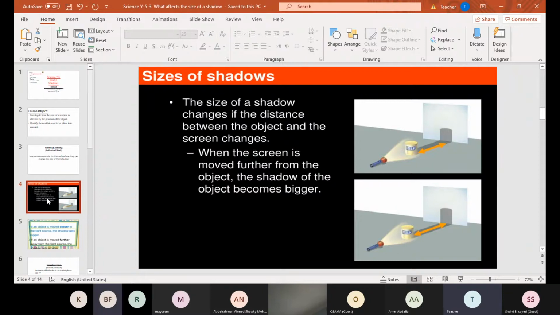So these are the two factors you can change, and the size of the shadow will change. Number one, the distance between the object and the screen. Number two, the distance between the object and the light source. So in both ways, the size of the shadow will be changed, right?